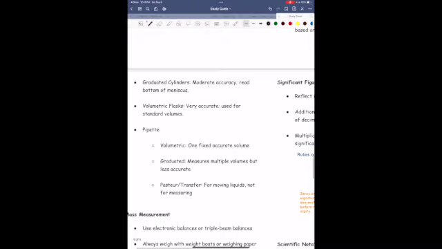So if this is your graduated cylinder, it's got all these lines on it, and here's your liquid, down here. You're going to want to measure at the bottom of the meniscus.